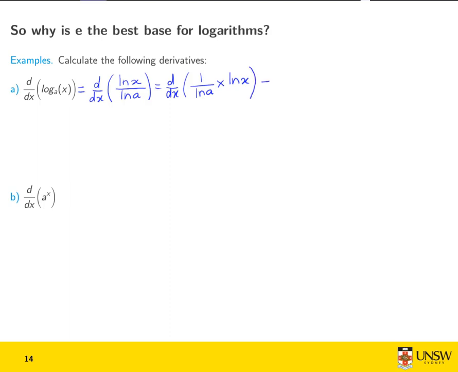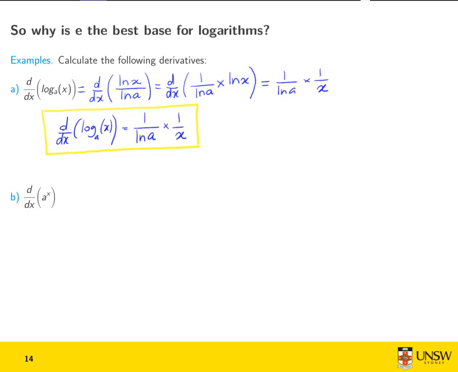And now that it's written this way, that makes it easy because I know if I have a constant times a function, the derivative is the constant times the derivative of the function. So let me summarize what we have. This shows that if you start with log of any base a, you will anyway get the natural log popping up.